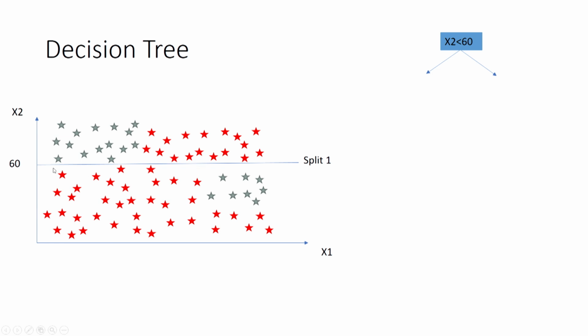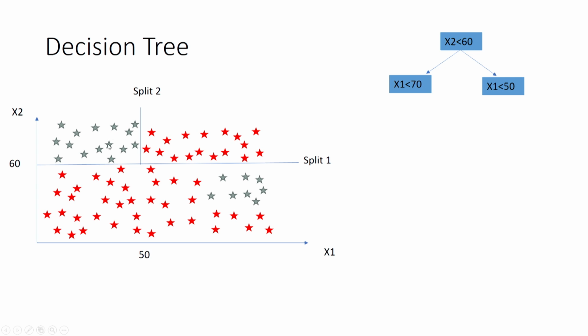We will see one example. We have seen it here, the split was done. The rule that is used for splitting is x2 is less than 60 or x2 is greater than or equal to 60. Now this node corresponds to this subgroup and this node corresponds to this subset.